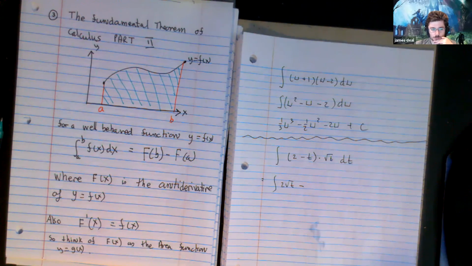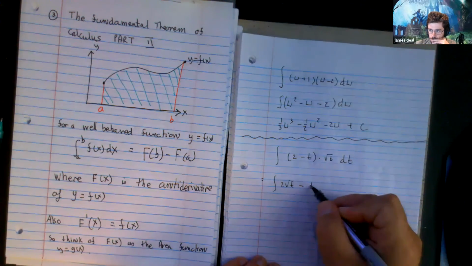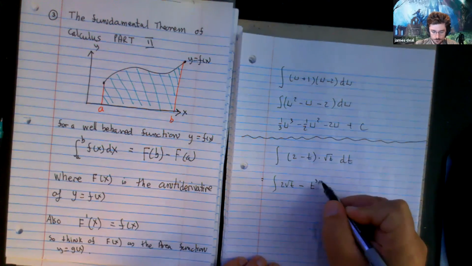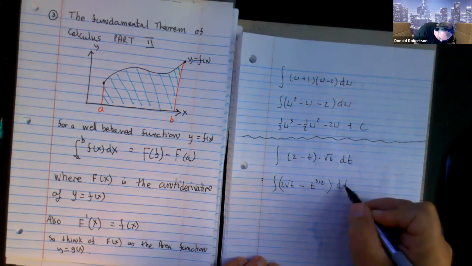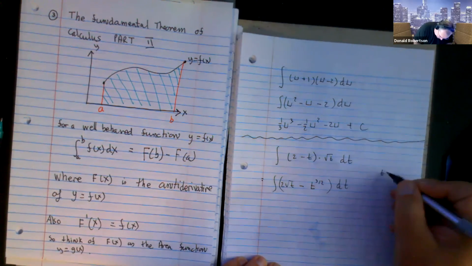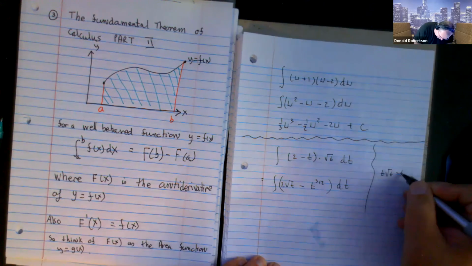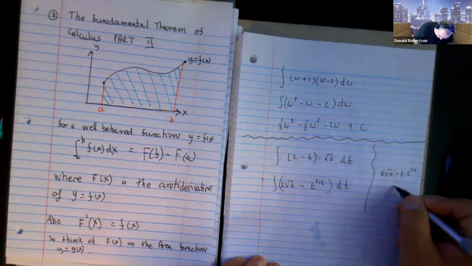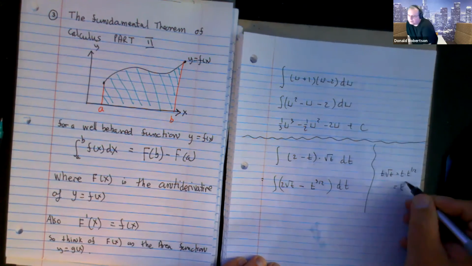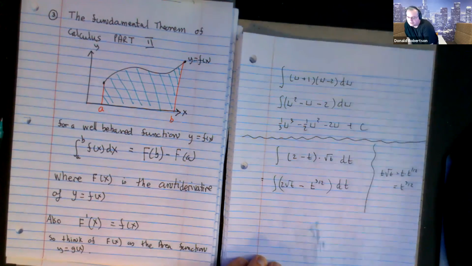Oh, good, yeah. So t square root of t, so little side issue, isn't that t times t to the half? We don't call it 1.5, we call it 3 halves. You happy about where these 3 halves came from?